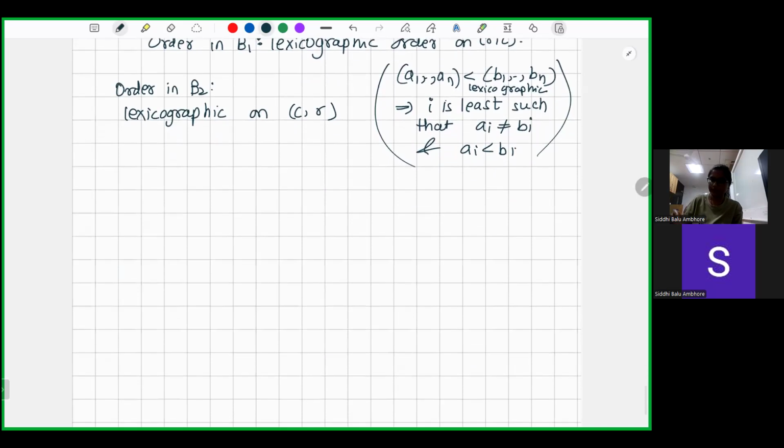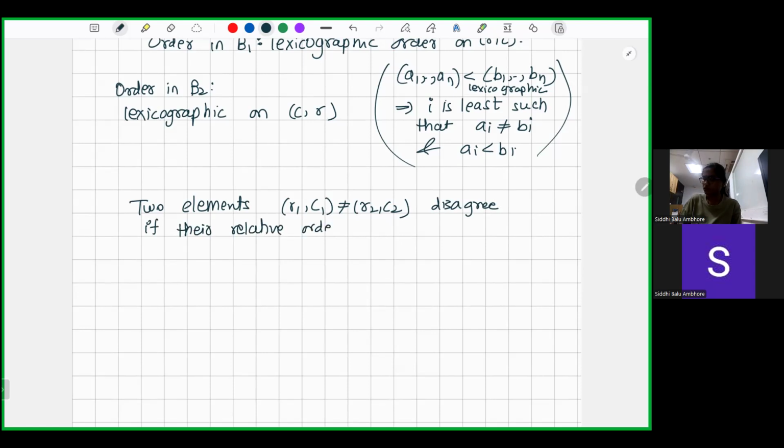Okay, so two elements R1 C1 not equal to R2 C2 disagree if their relative order differs.